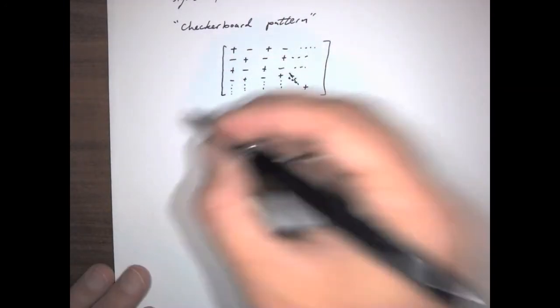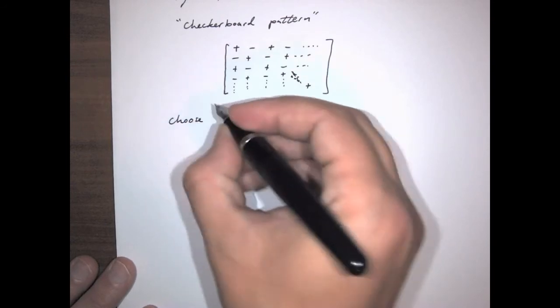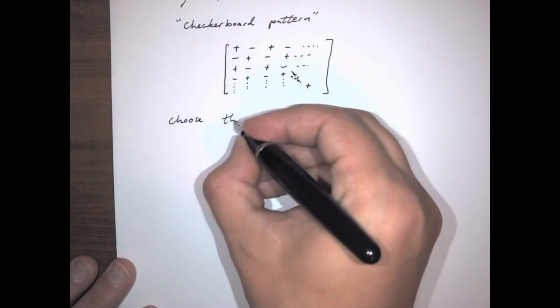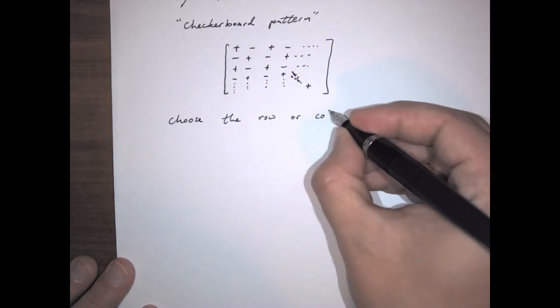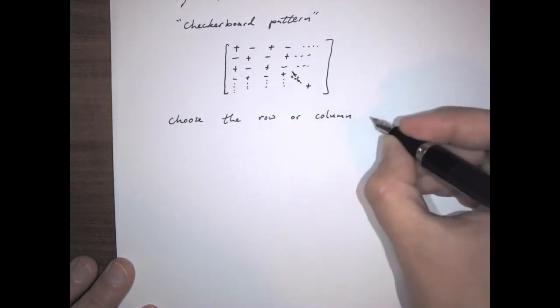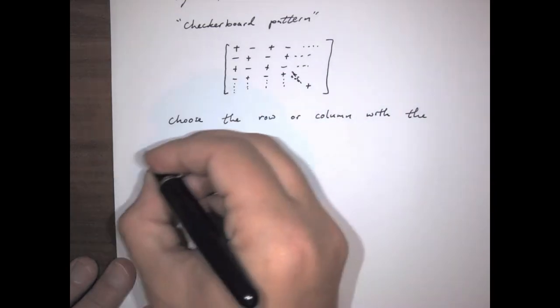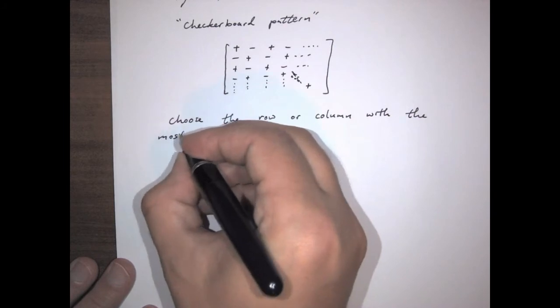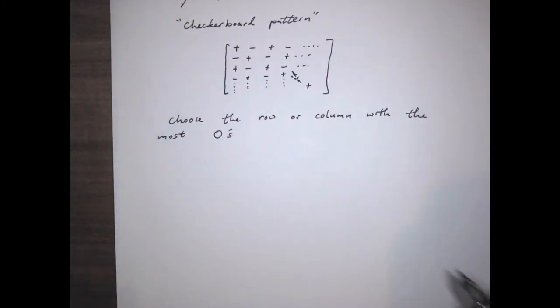So then choose the row or column with the most zeros to expand along.